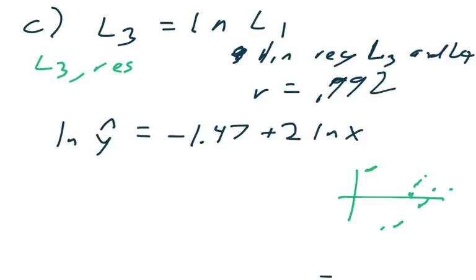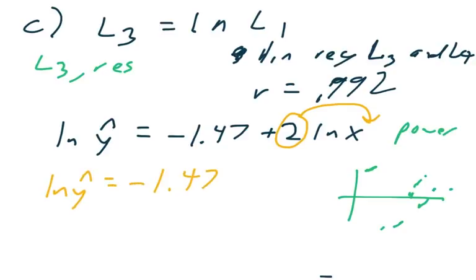So this means that we are going to have the power regression because we took the natural log of both of them. So one of the things I'm going to do is take this 2 and move it over here. So we got the ln of y hat equals negative 1.47 plus the ln of x to the second power. To get rid of the ln, we're going to use an e.